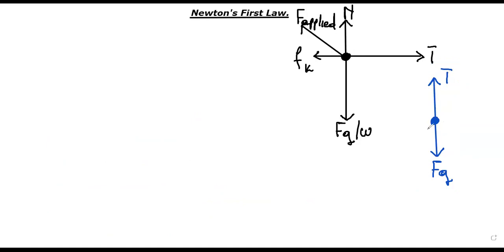But we can't use the combination of blocks P and Q to find the tension. Why? Because the mass is already unknown. If we don't know the mass, we can't calculate the gravitational force.